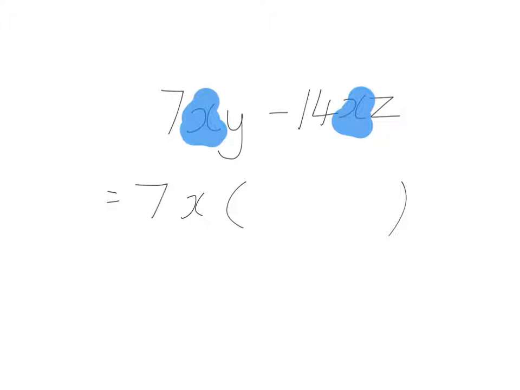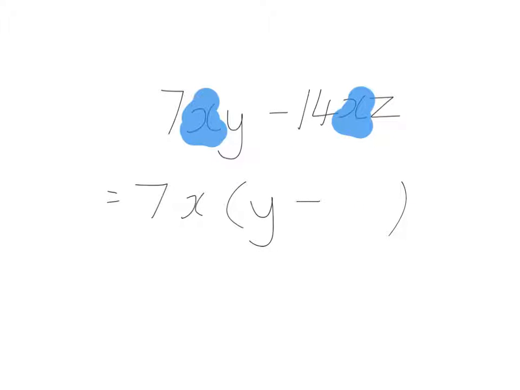What I need to do now is think, 7x times what is going to give me 7xy? So I'm going to need to have y there. I've got a negative sign here, so I'm going to take forward this negative sign. And then 7x times something is minus 14xz.